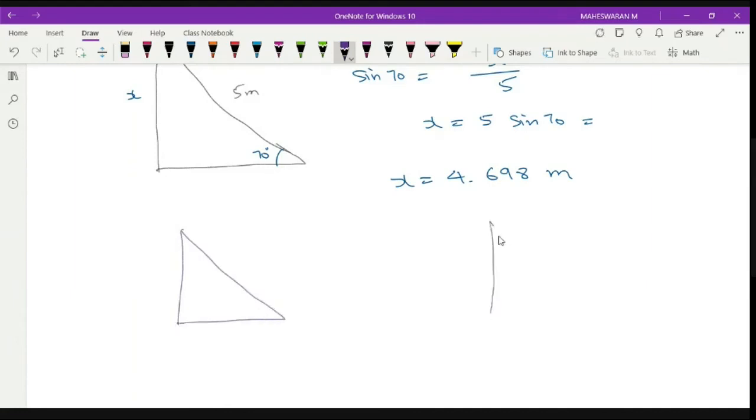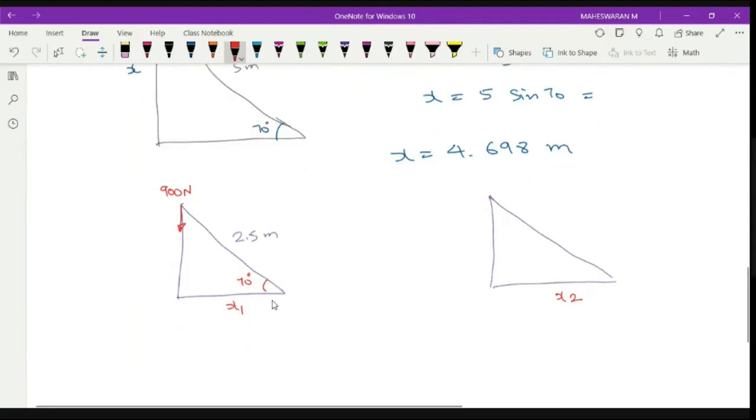I'm going to put two triangles for different values. So one is 2.5 meter, and this is my force, which is 900. So I want this distance. Let me consider x1. This is x2, right? This is 70 degree. So what I can do, I can put cos, right?